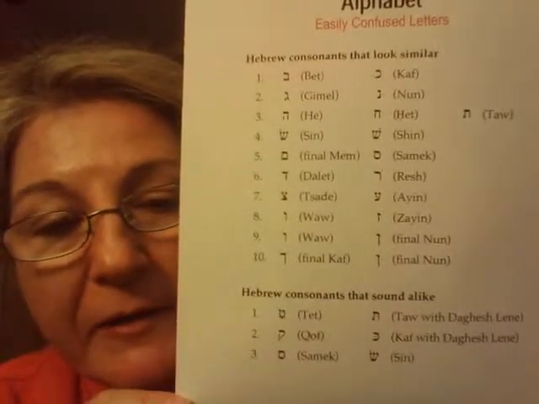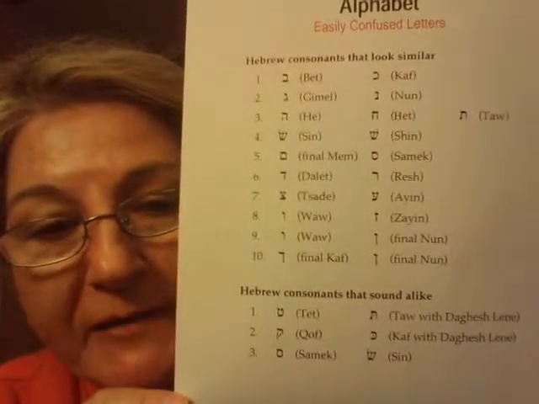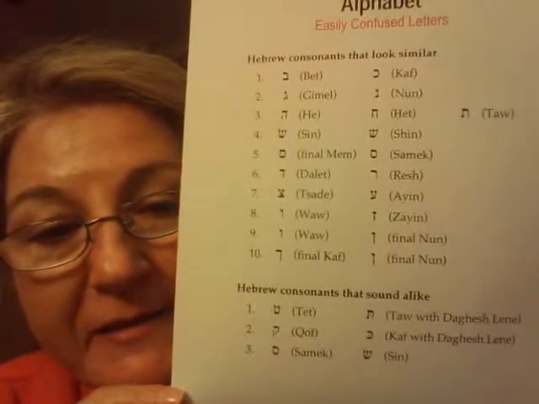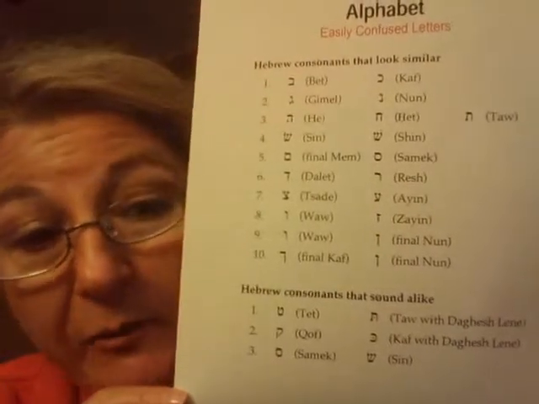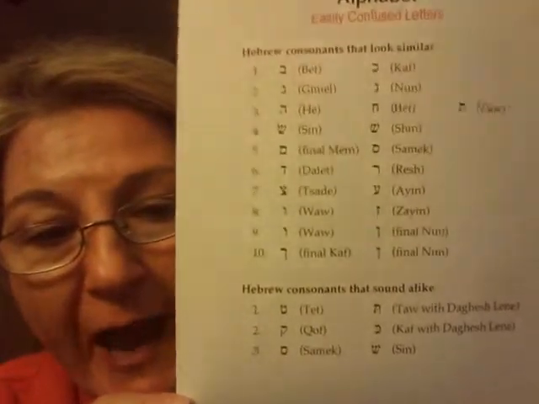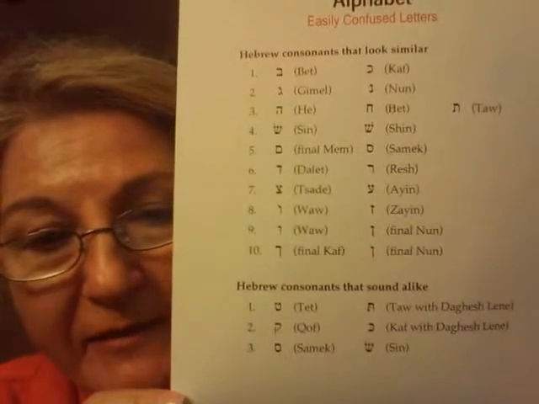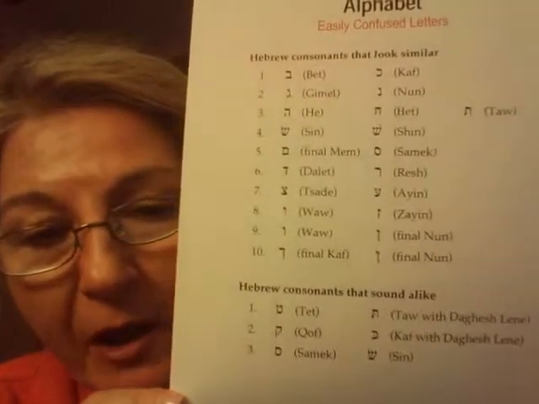The vav, the cross at the top goes all the way across, and the zayin, it does not. Then the vav and the final nun. The only difference there is that the final nun goes down long and drops below the line. And then your final kaf and your final nun. The nun is rounded and short at the top, and the final kaf is longer and squared off.